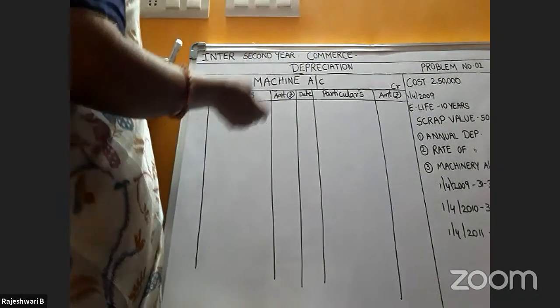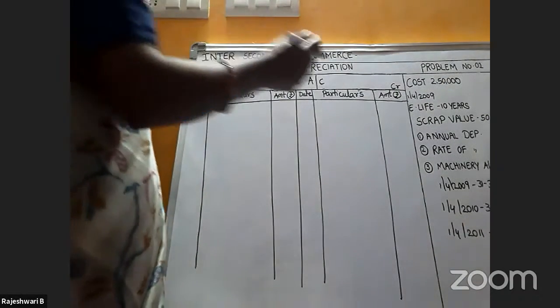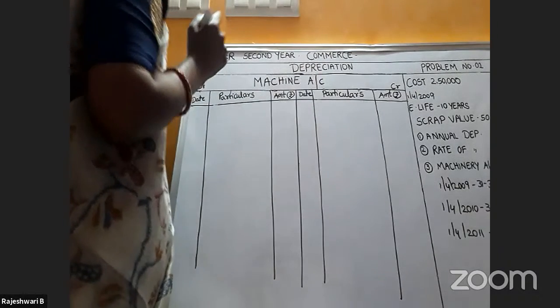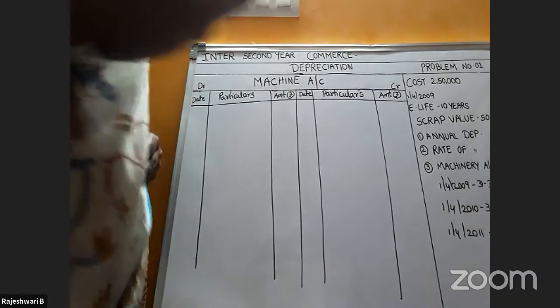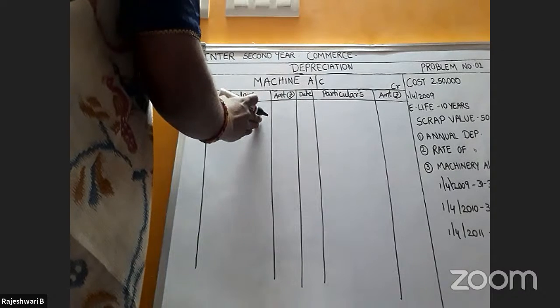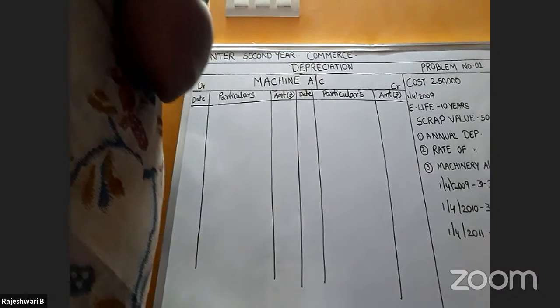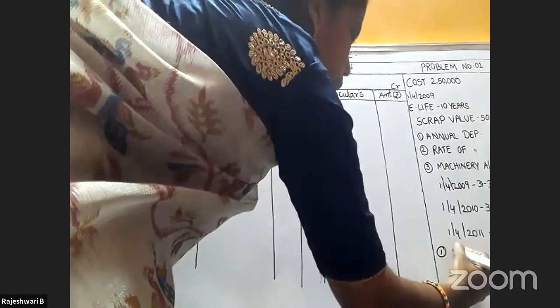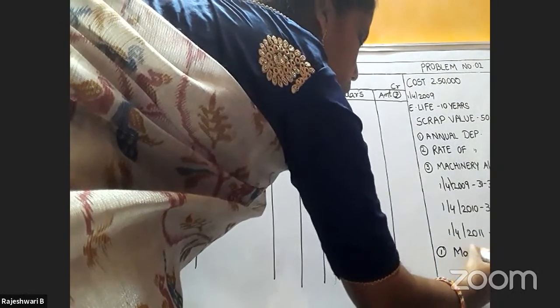We will consider that they have given the check. Check means to bank account. What is the entry for this machine account? Machine account debit to bank account. First entry, journal entry.